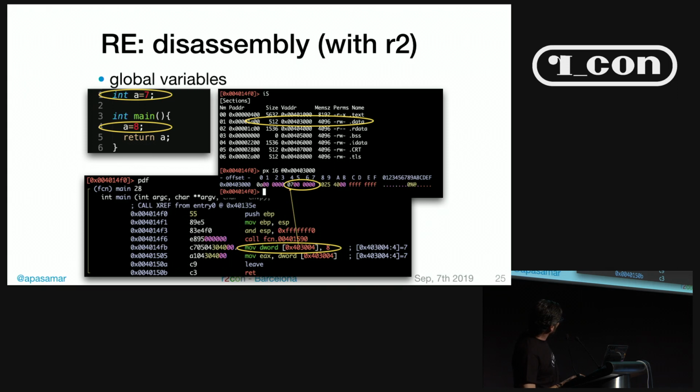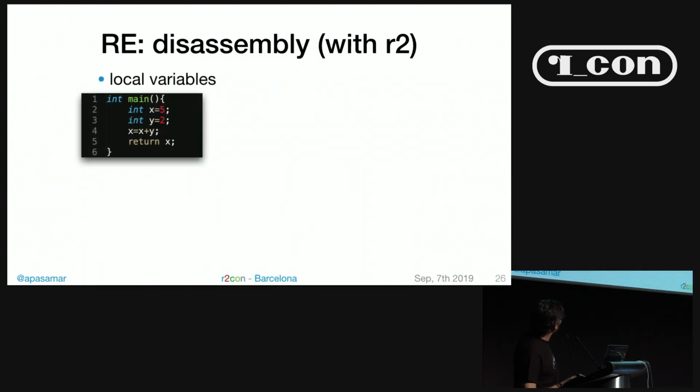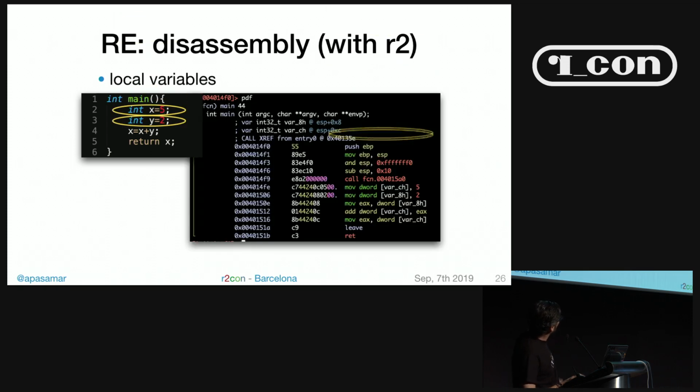Okay, so it's moving 8 to this address that is in .data. Okay, and so on. So we can continue. Let's go a little bit faster because I have a lot of things to explain.